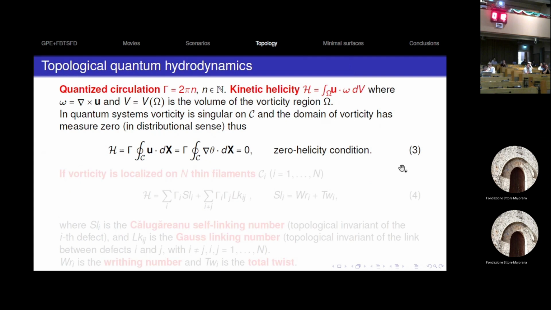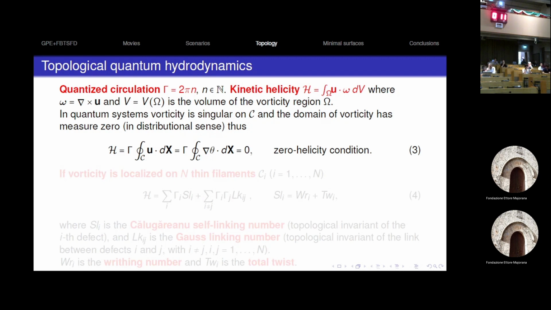Now, about topological quantum hydrodynamics. Well, you already saw this morning, so you know that the circulation is quantized, and the helicity is defined as the dot product between the velocity field and the vorticity field. And because vorticity is singular and on vortex lines, you get that the helicity, if you do the computation, is 0.